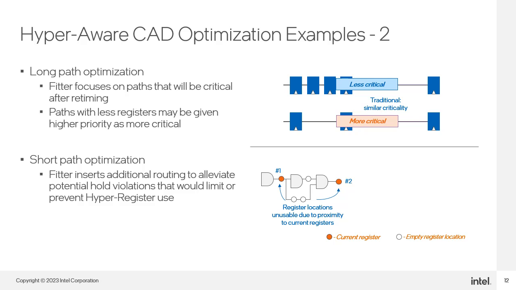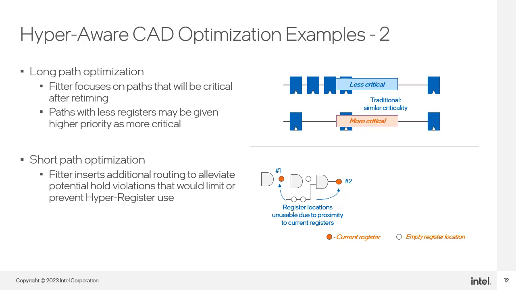In moving register number 2 to the left, the empty circles along the bottom are possible hyperregister locations. But if register number 2 was placed in either location, it would be too close to register number 1, violating the hold requirement that was discussed in the Hyperflex architecture overview online training.